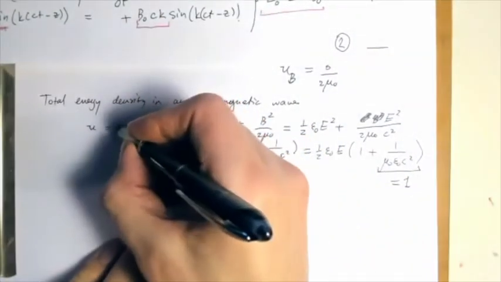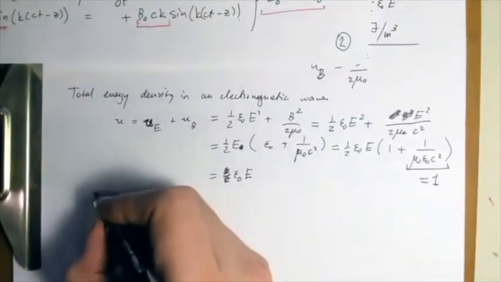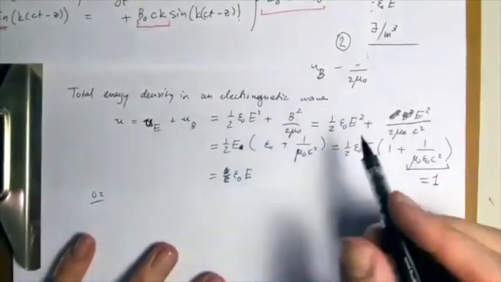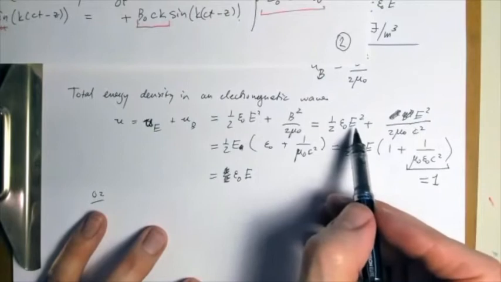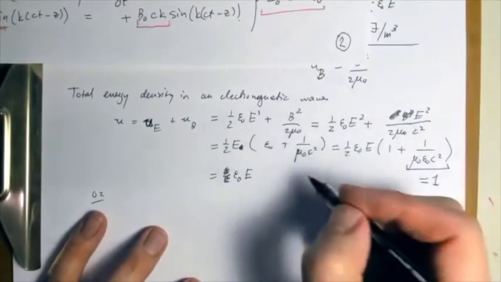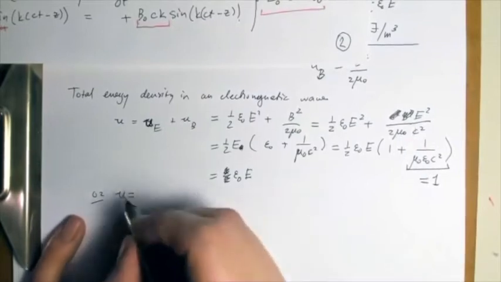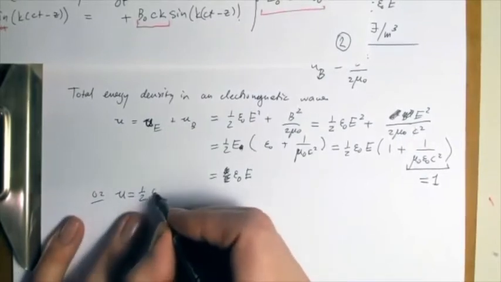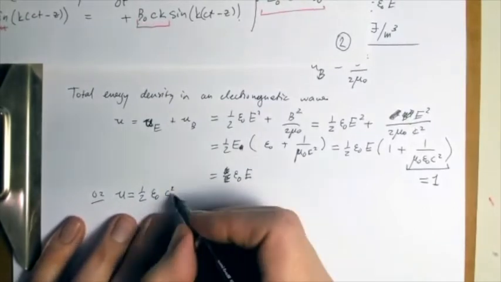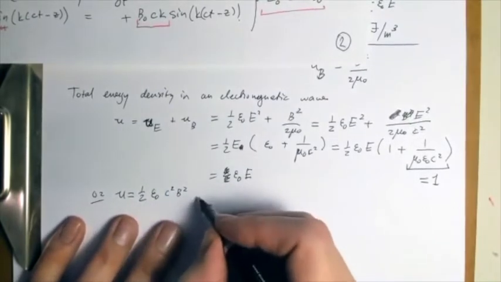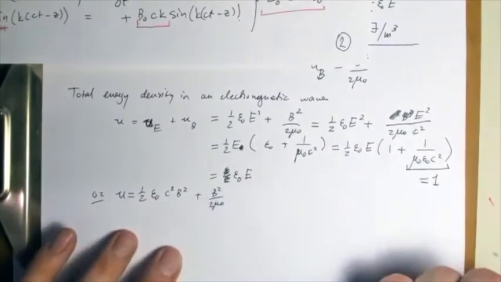Okay. Or expressed in terms of B. So we'll change our E into a B. So we'll have u equals 1/2 epsilon naught c squared B squared plus B squared over 2 mu naught.